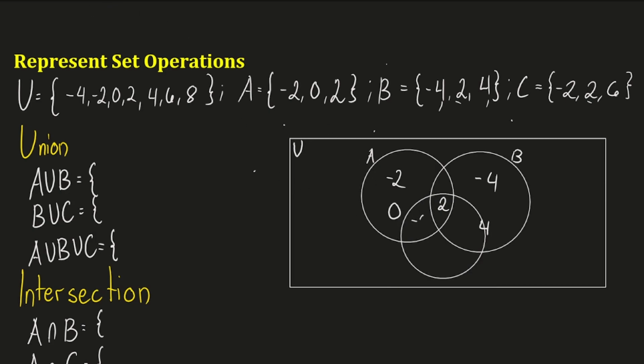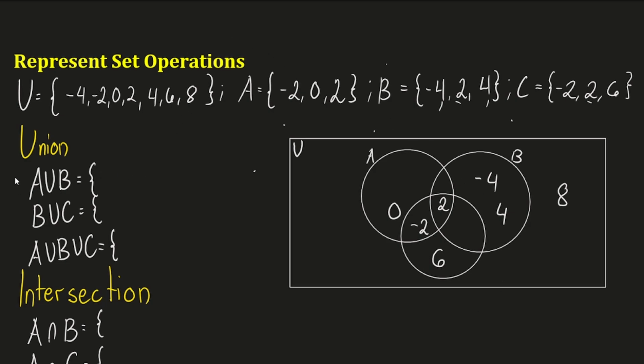No. So since it's overlap, I'm just going to erase that and put it with the overlap. There you go. And I'm just going to fix this. Excuse me. 4. There you go. And looking at our universal set, so we have -4, -2, 0, 2, 4, 6, and we don't have 8. So now we have our Venn diagram.